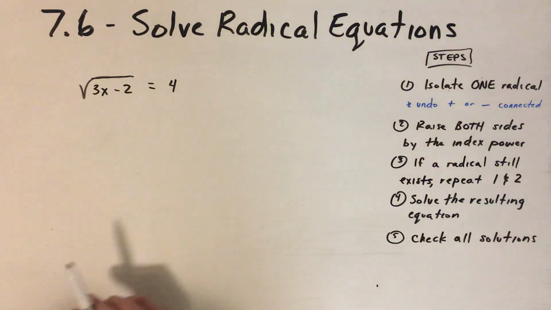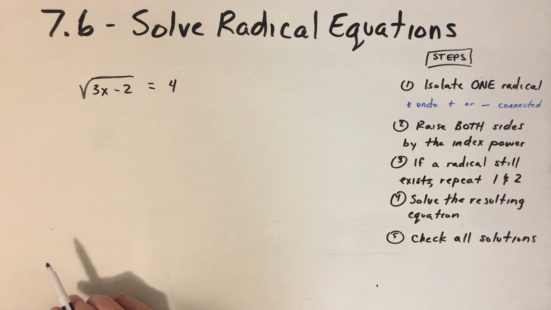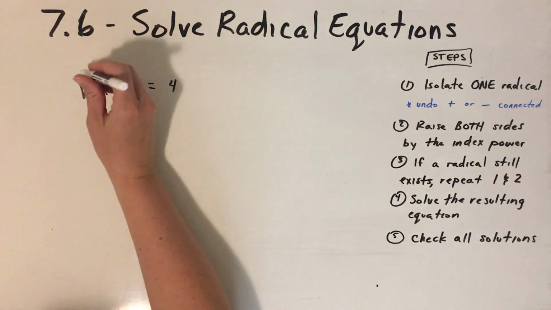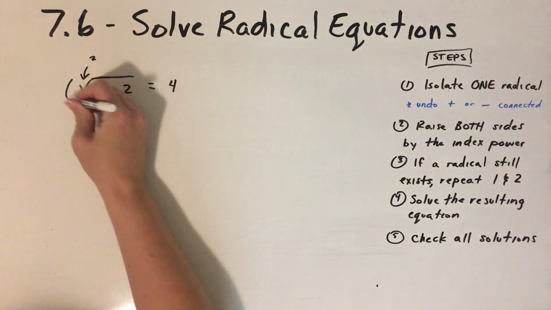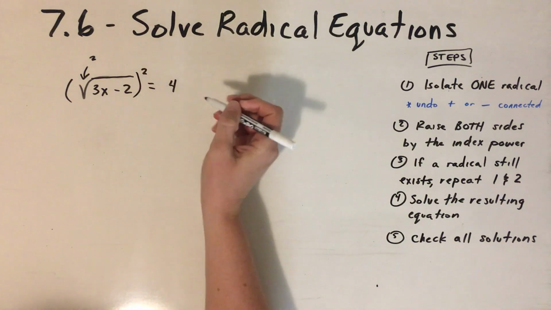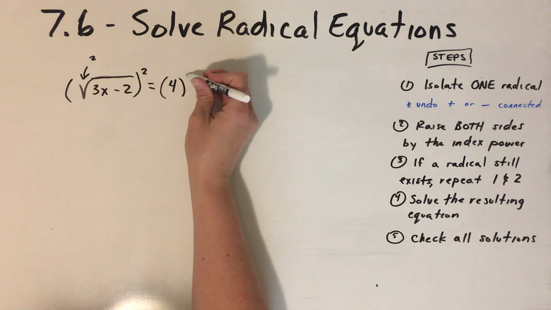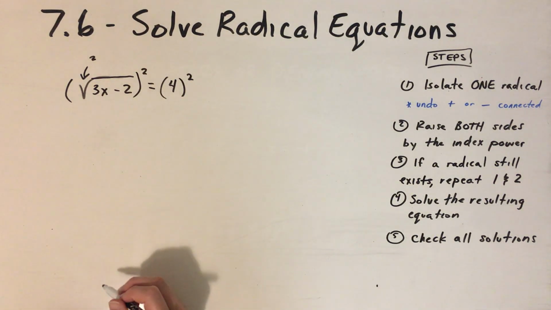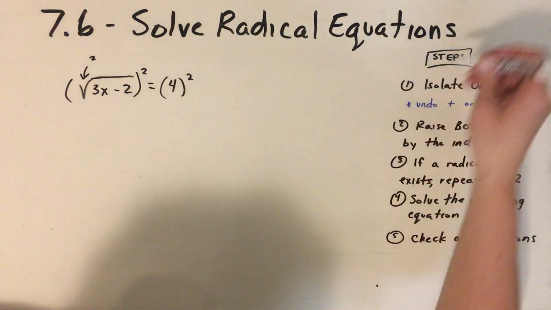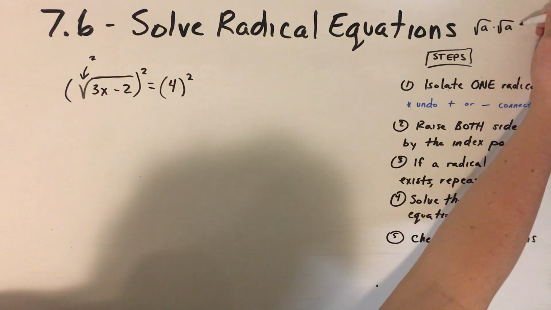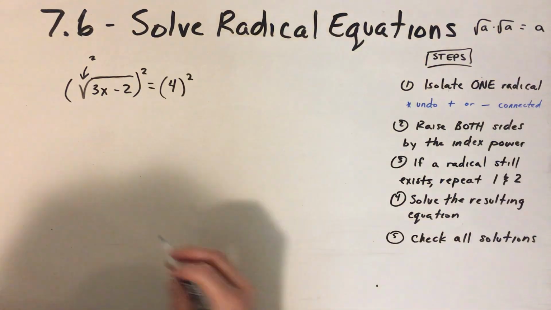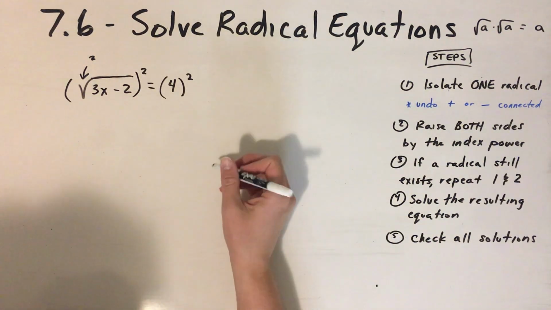Now what I want to do is raise both sides to the power of the index. In this case, remember, if there's not an index, then the index is 2. So I am going to raise this side to the power of 2 and this side to the power of 2. We're also going to be using the rule that any radical times itself is just going to be the thing inside. That goes for radicals like this too.